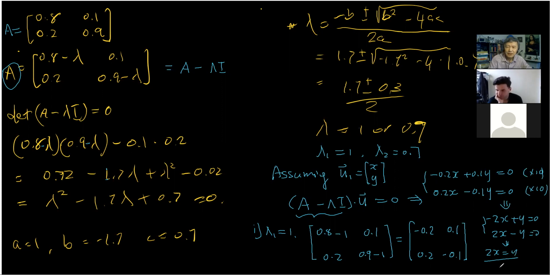So let's turn to the page. This is our assumption. For lambda equal to 1, we assume the first eigenvector can be written as x and y. By solving this equation, A minus lambda 1 identity, multiplied by this vector equal to 0, we got that x and y are dependent, not independent.